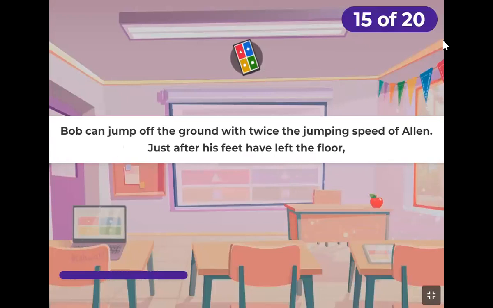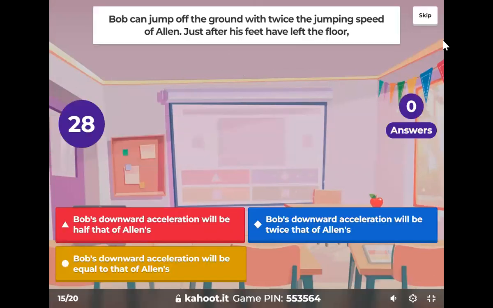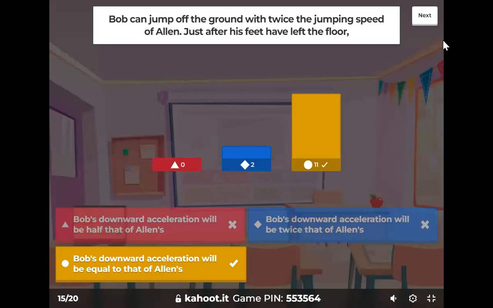Bob can jump off the ground with twice the jumping speed of Alan after his feet have left the floor. Yeah, they have the same downward acceleration.